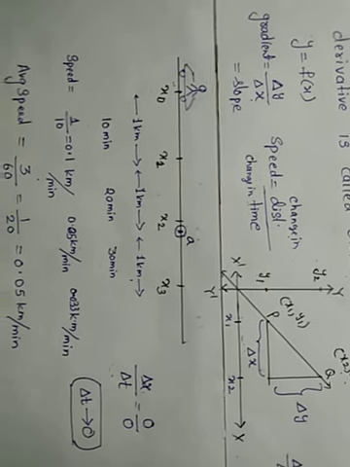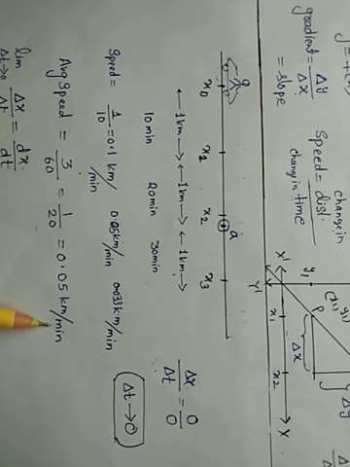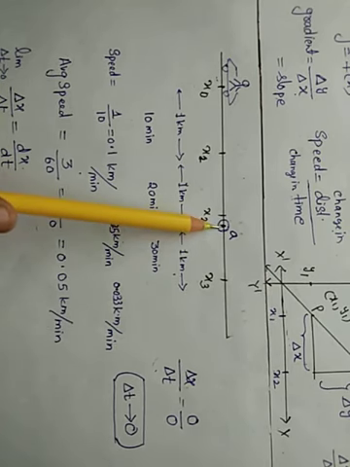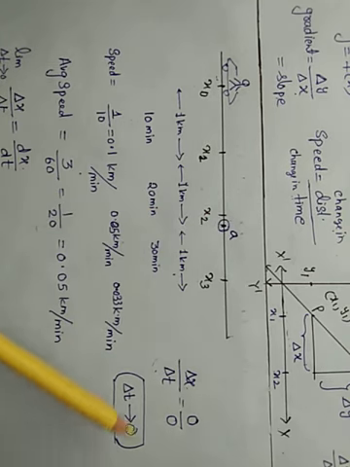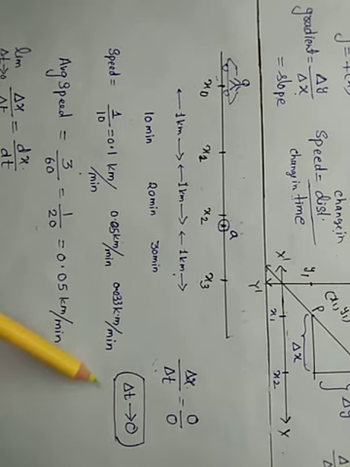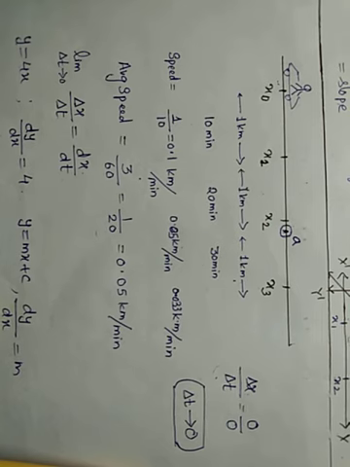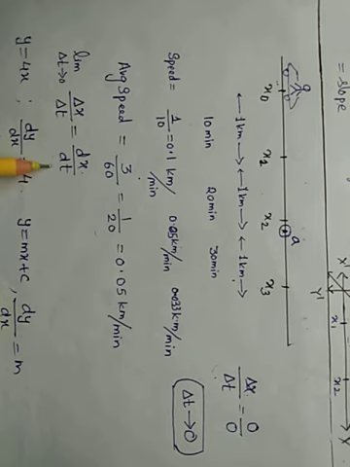In this case the average speed was 0.05 km per second, but to find instantaneous speed at any point we need the concept of differentiation, and for that we have to make delta t as small as possible, meaning delta t approaches 0, and when we applied this we got dx by dt, the rate of change of x with respect to t, the instantaneous speed.